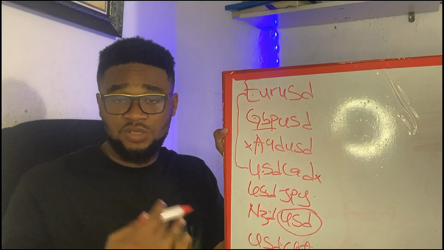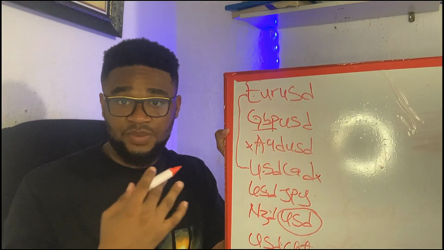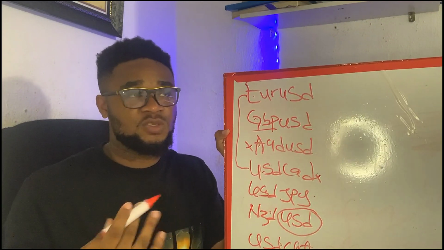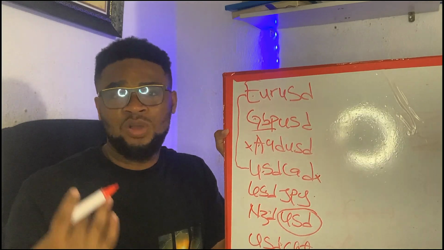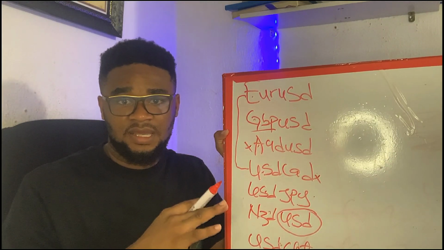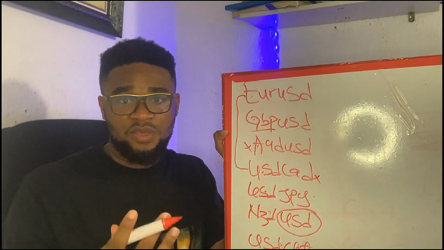If you focus on these major currencies, trust me, you'll be fine. You can pick 2 or 3, at least a minimum of 3. This is advisable for someone who is new in the market, so you don't get confused with a whole lot of things. You can just pick 3 of your choice, and it always depends on where you reside.